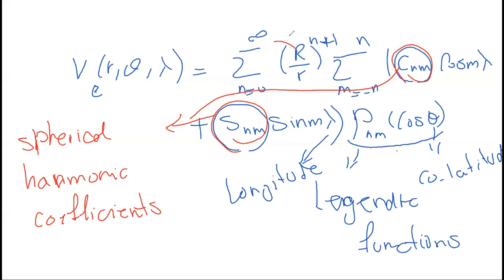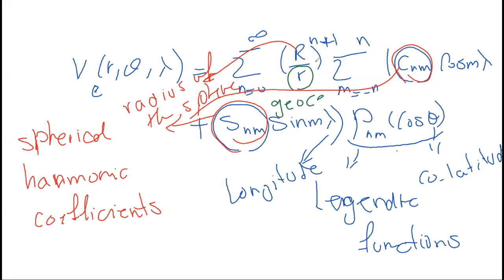R is the radius of the sphere. So, oh my God, r is the geocentric distance.